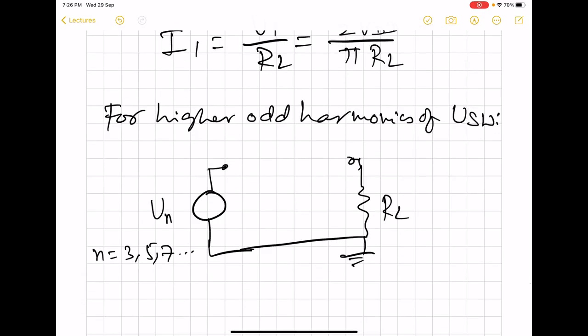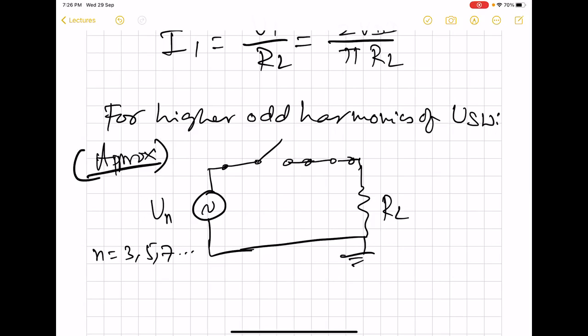For a very high harmonic, we can represent C as a short circuit, but unfortunately the inductor is going to offer large impedance. So this is the approximate circuit for the higher harmonics.